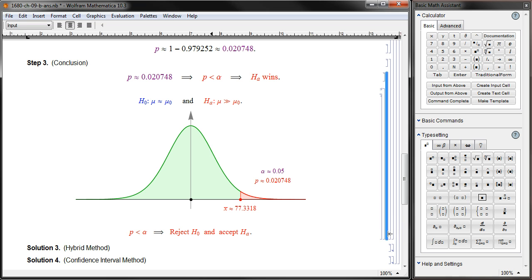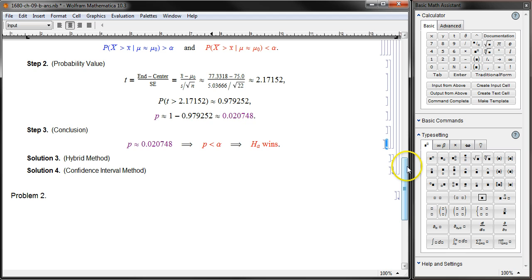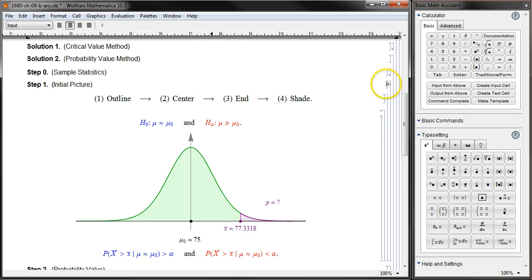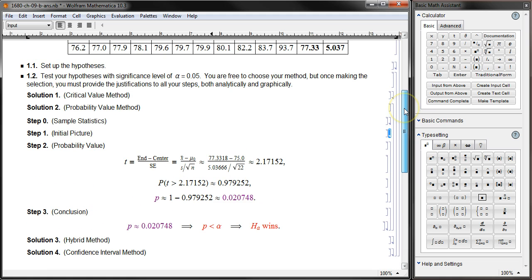Here's the conclusion, by the way. 0.02 is less than 0.05. So here in the conclusion, the previously purple part is now highlighted in red, indicating that the alternative hypothesis wins. This is the p-value approach, or the probability value approach.